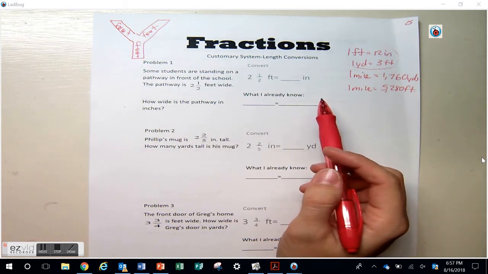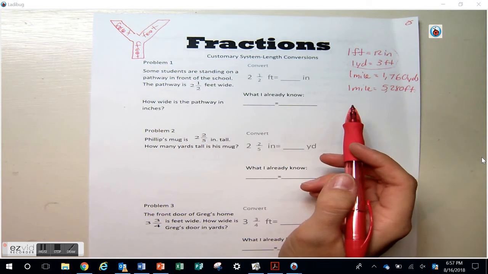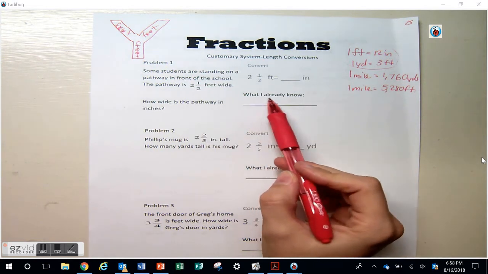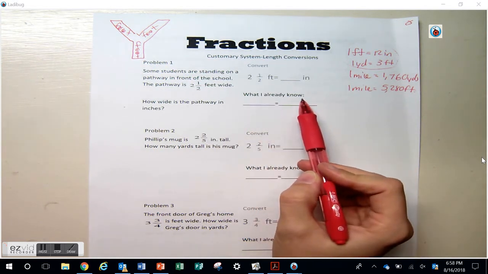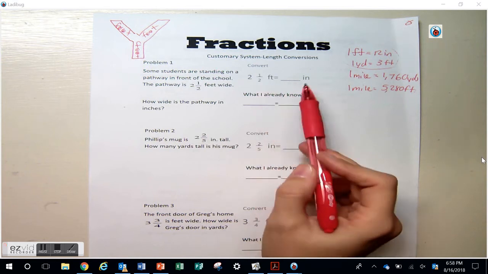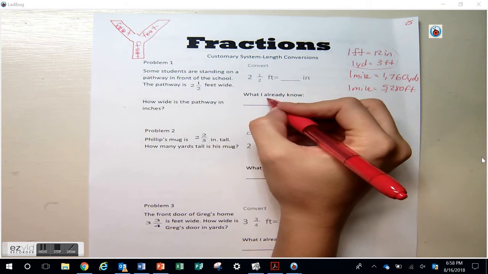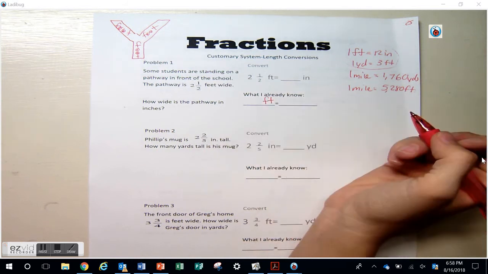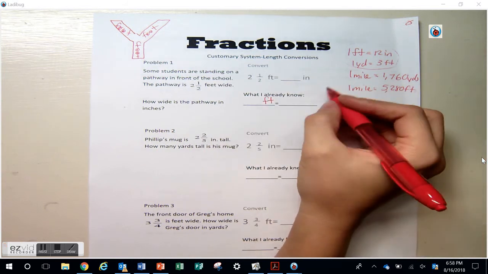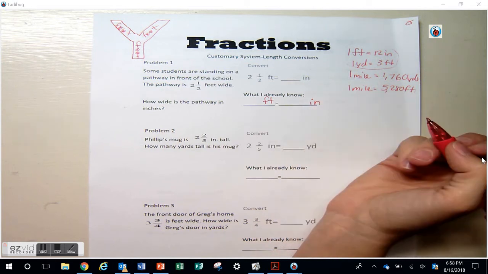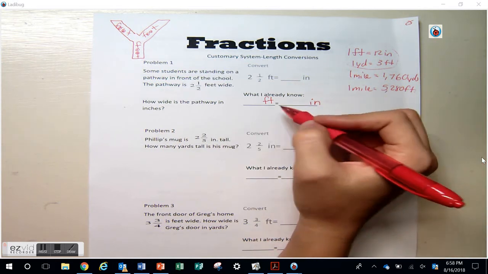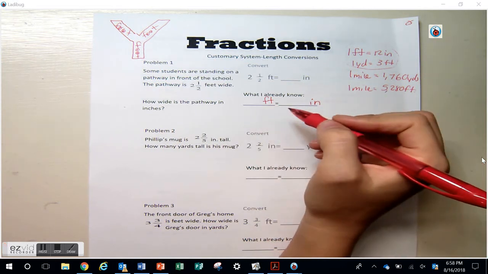I don't think that's necessary. I say we always just write down something that we know in the same order that it's written there. So since feet are on the left here, I'm going to write feet on the left there. Since inches are on the right here, I'm going to write inches on the right there. What do we already know about feet and inches?